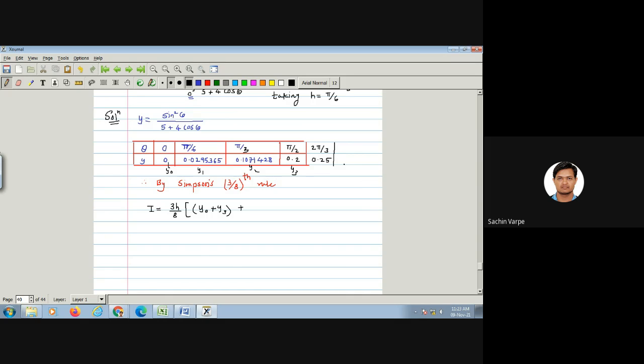Then 4 pi by 6 plus pi by 6 will be 5 pi by 6, and the corresponding y value is 0.16277.